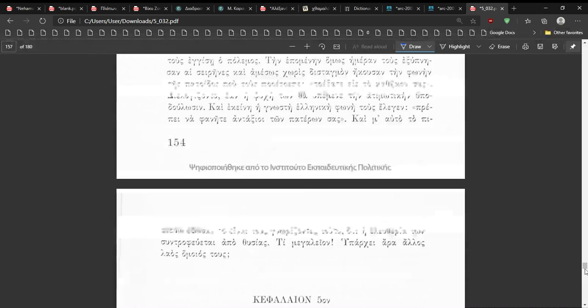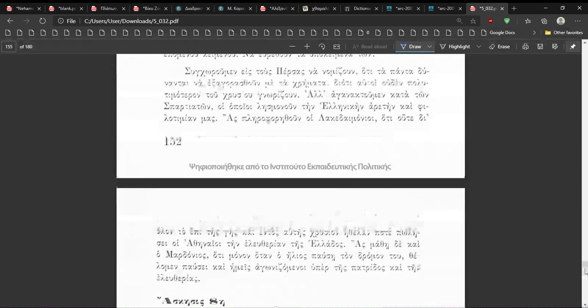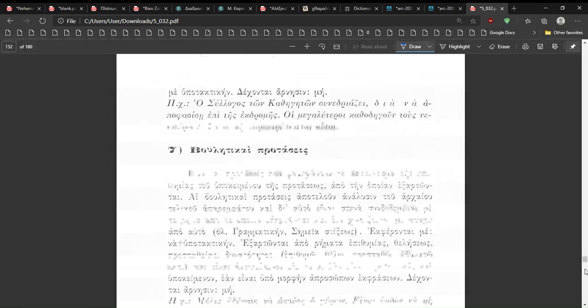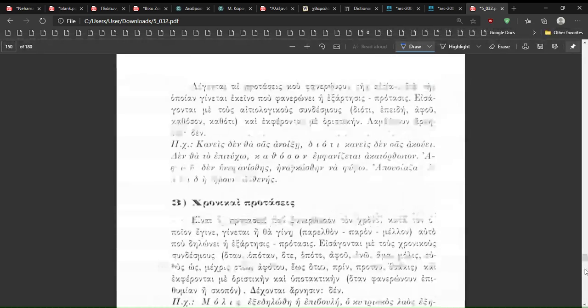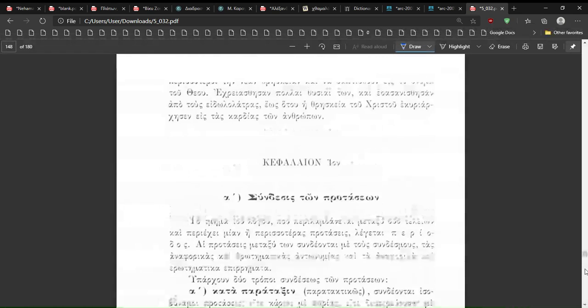It's showing people how to change from one language, or one register, to the other. The version of the demotic that the book has is quite, let's say, close to ancient Greek actually.